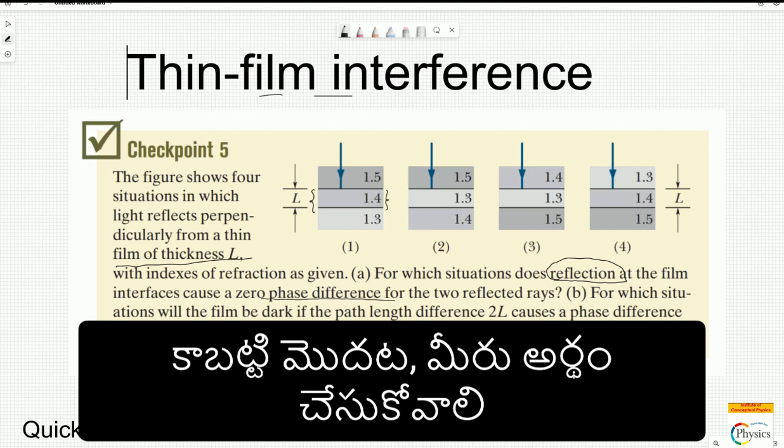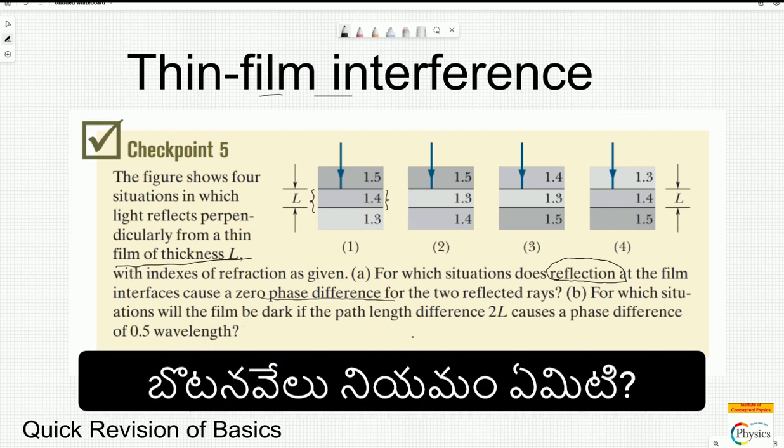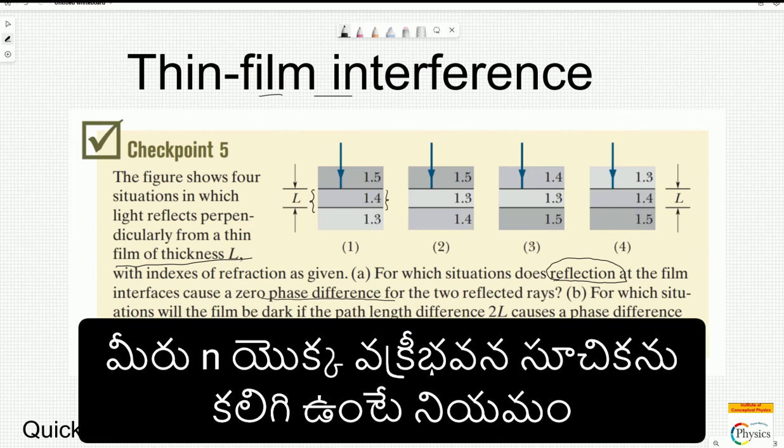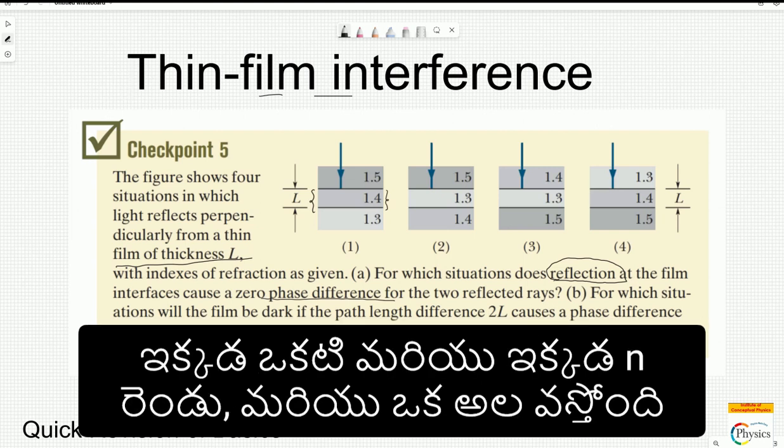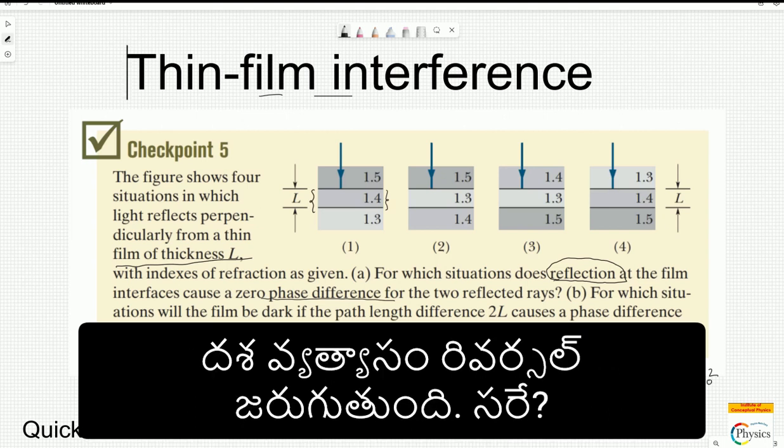So first of all, you must understand that the phase difference happens because of reflection also, right? How does it happen? What is the thumb rule? The rule is, if you have a refractive index of n1 here and n2 here, and a wave is coming like this, n1 is less than n2, a 180-degree phase reversal happens.